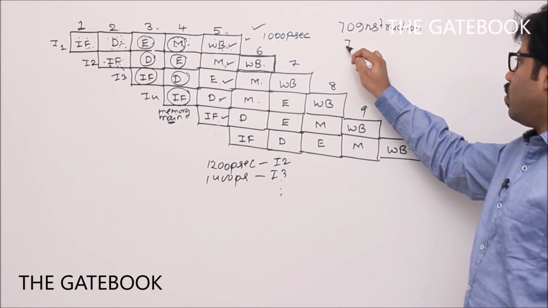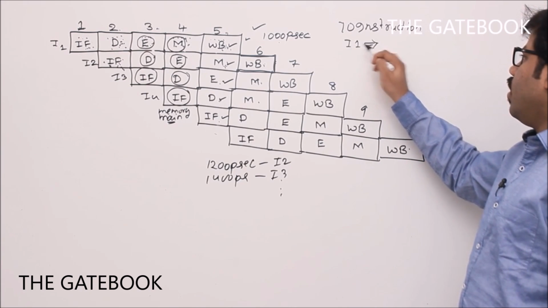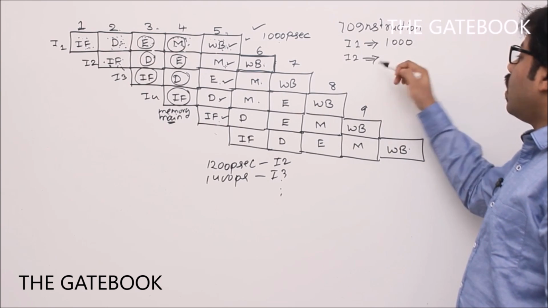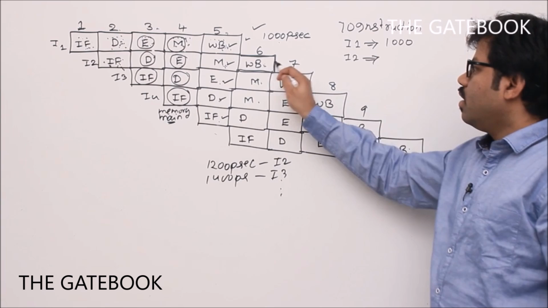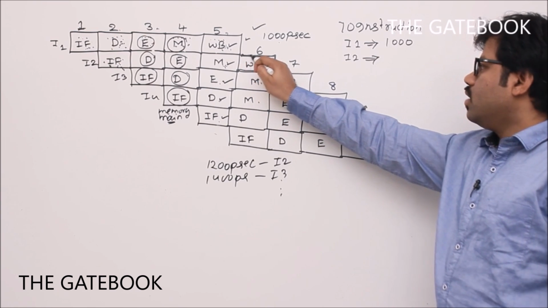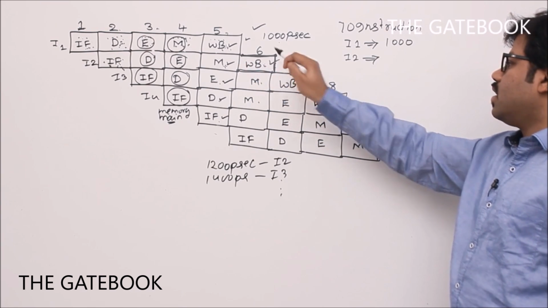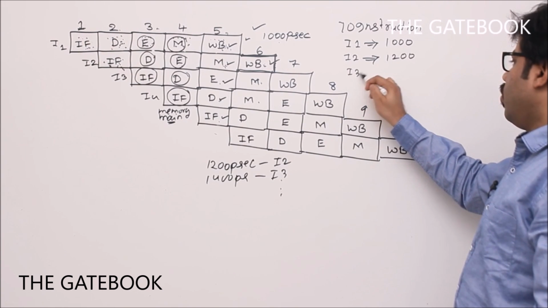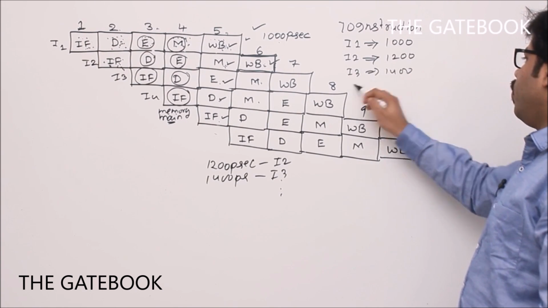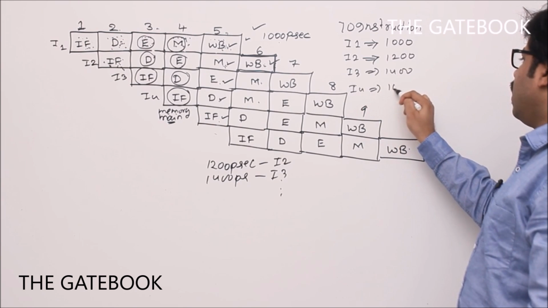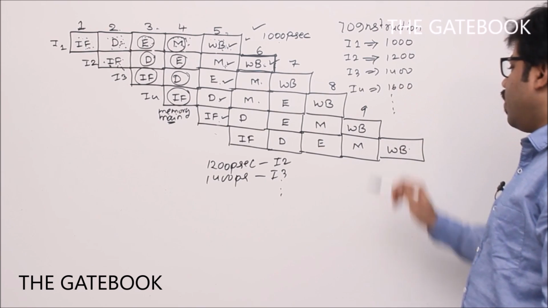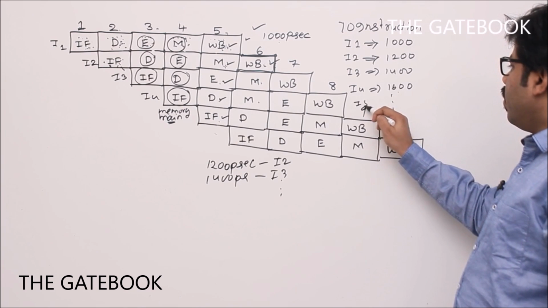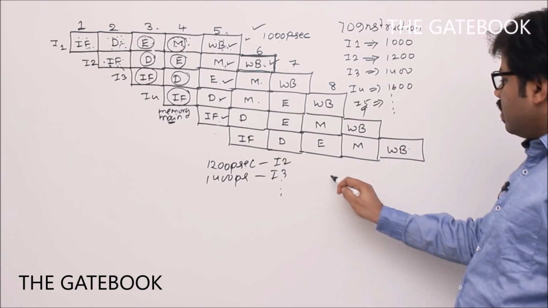Let's list it out. I1, instruction 1, requires 1000. For instruction 2, after 1000, just 200 picoseconds later, the second instruction is also done. So 1200. I3, 1400. I4, 1600. I5, 1800. Now we can have a formula here. Can I say it like this?